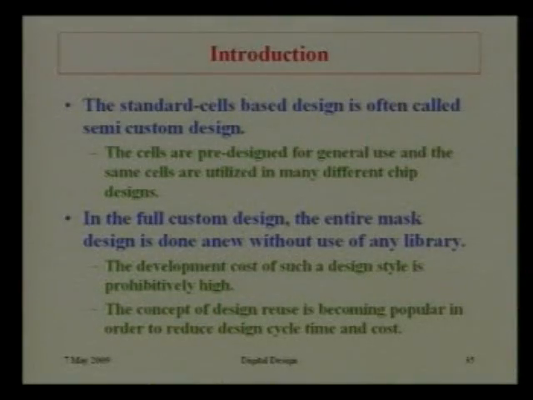Okay, so the development cost of such a design style is prohibitively high. The concept of design reuse is becoming popular in order to reduce design cycle time and cost. So actually for digital it is nothing but reuse. Even for this stage of VLSI design, we are talking about reusing cells.